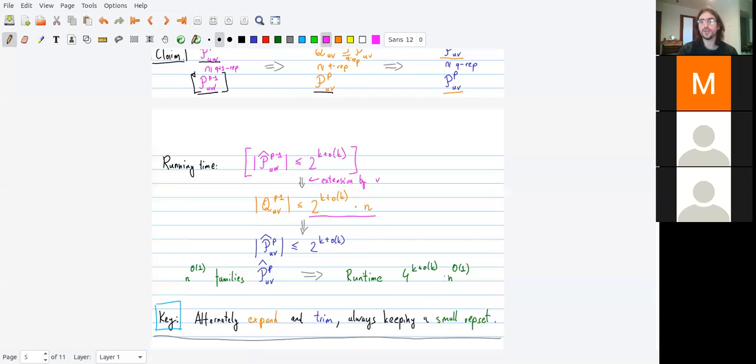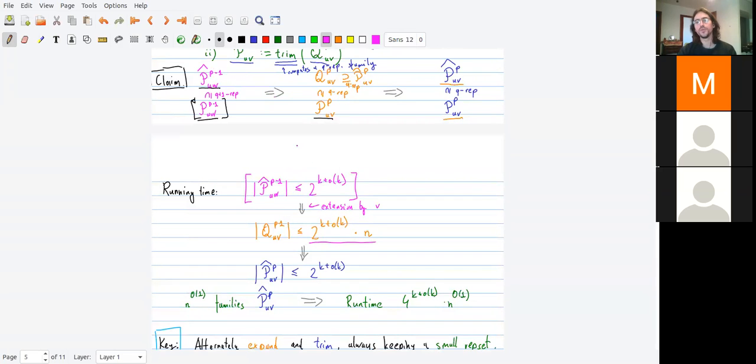But now what I do at the end is trim this family Q to a representative subfamily, P hat, which I argued will actually represent the family of all possible partial solutions of length p. So what is the running time of this step? Well, the running time is 2 to the power p plus q plus order of p plus q.